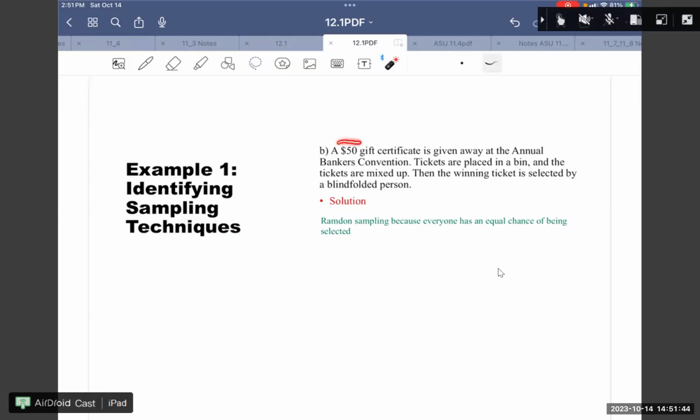A $50 gift certificate is given away at an annual banquet. Conversation tickets are placed in the bin and the tickets mixed up, then the winning ticket is selected from the bin. So this one is a random sample because everyone has an equal chance to be selected.